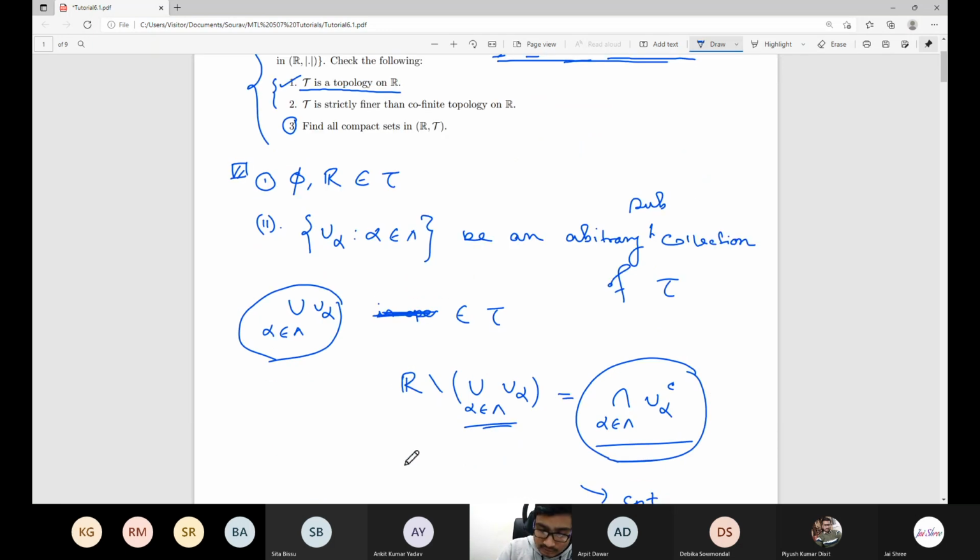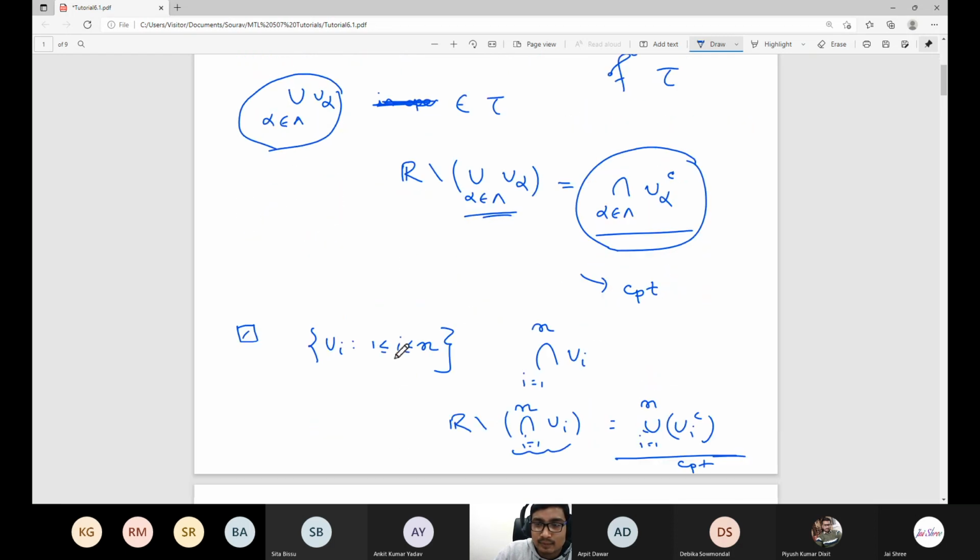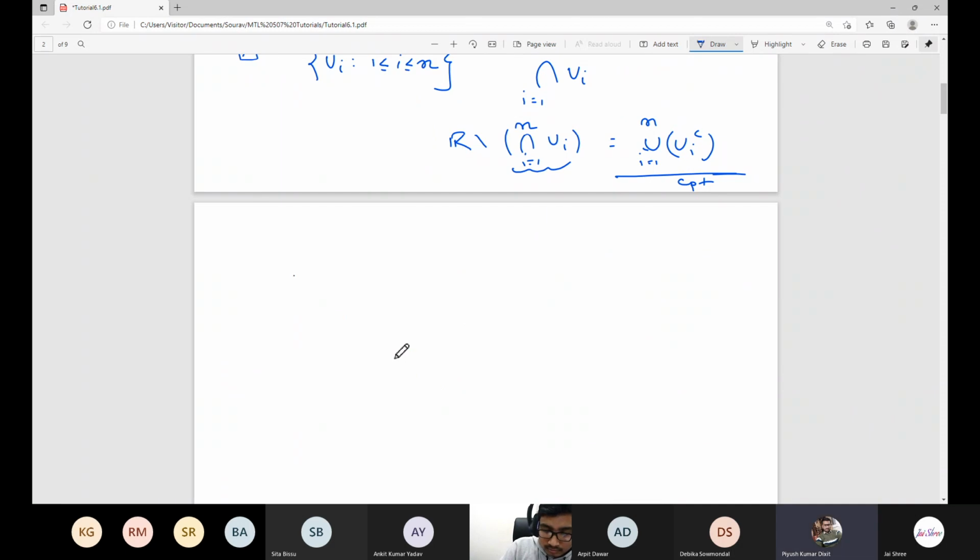What about the second? Why is the cofinite topology strictly coarser than this one? Suppose U is any open set in the cofinite topology.